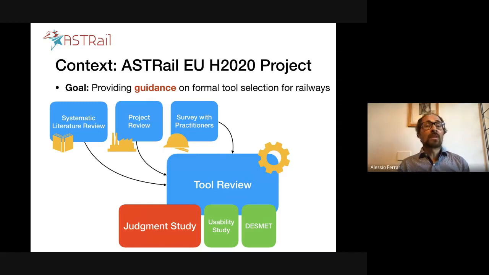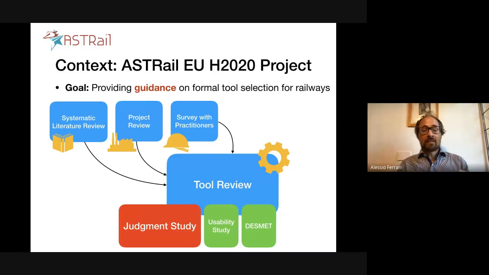It is a European project, so we started it to provide some guidance for companies in the selection of formal tools. We first performed some empirical studies with a systematic literature review, a project review, and a survey with practitioners, and then we identified a group of tools that are particularly important in the railway domain according to the literature and the practitioners.